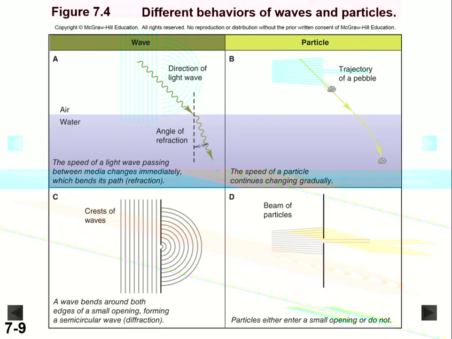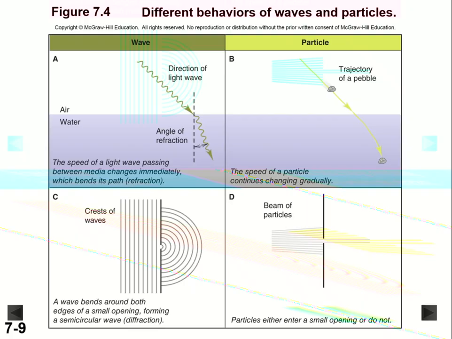The sound waves will bend around the edge of the door. So even if your friend is not standing right in the doorway, they can hear your voice, because the sound waves will, what we call, refract around the barrier. They refract around the edge of the barrier, and the waves, based on Huygens' principle, will propagate out in all directions.